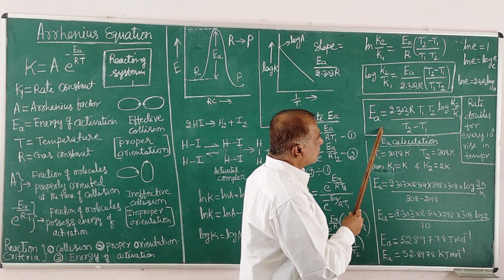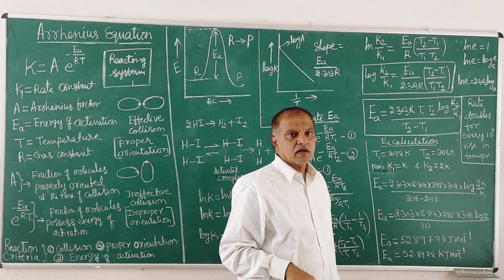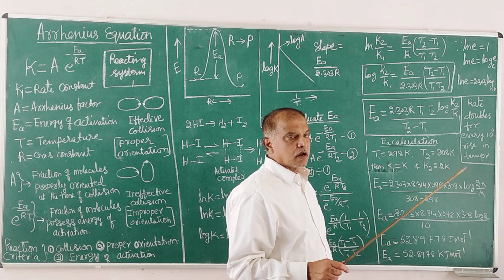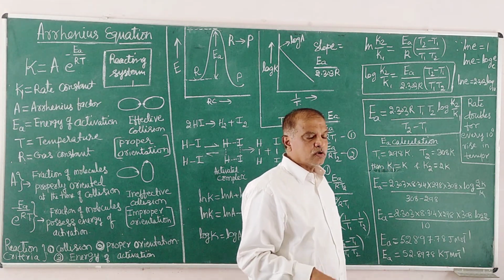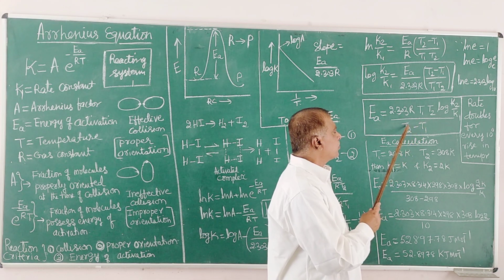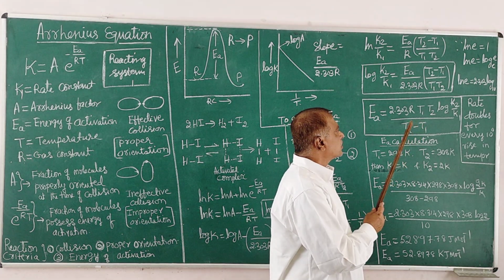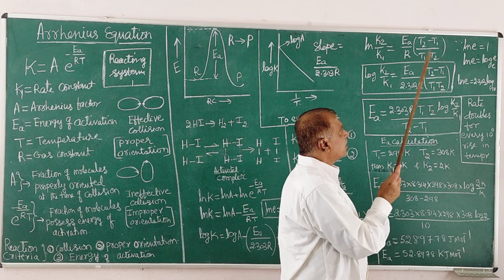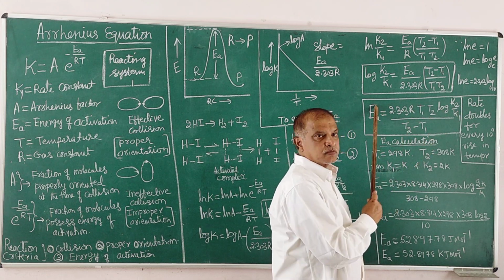If you know from the experimental data the rate constants of any reaction at two different known temperatures, T1 and T2, we can evaluate the energy of activation of the reaction.